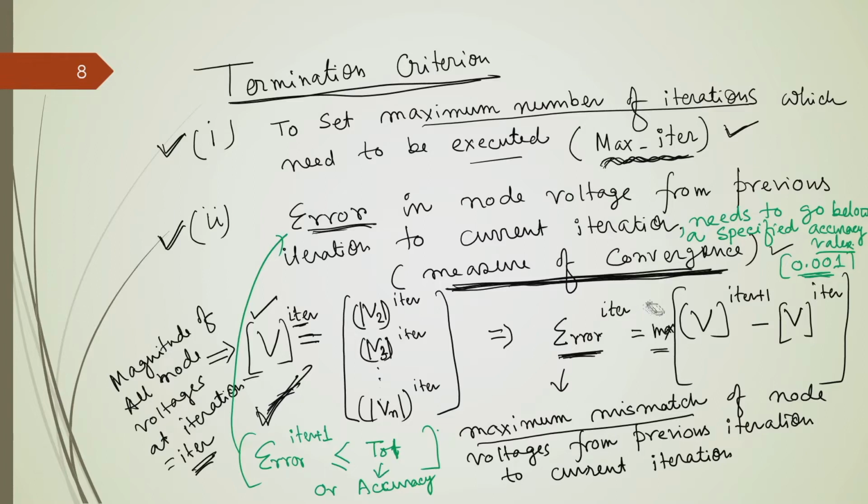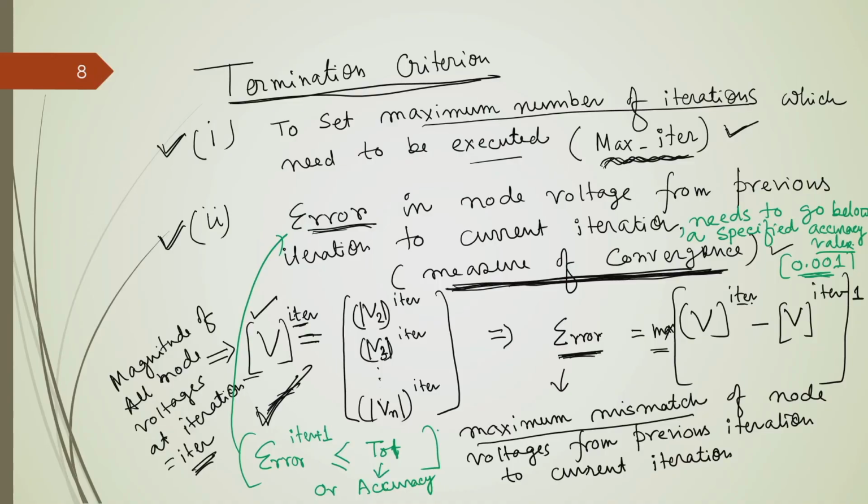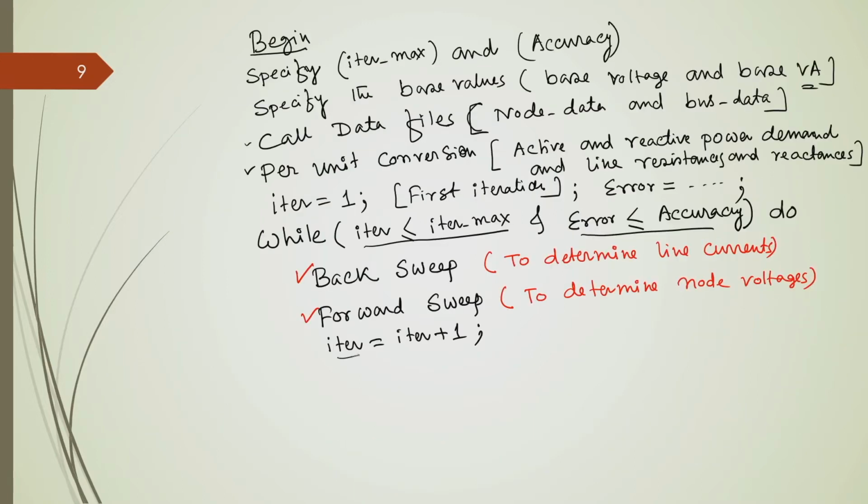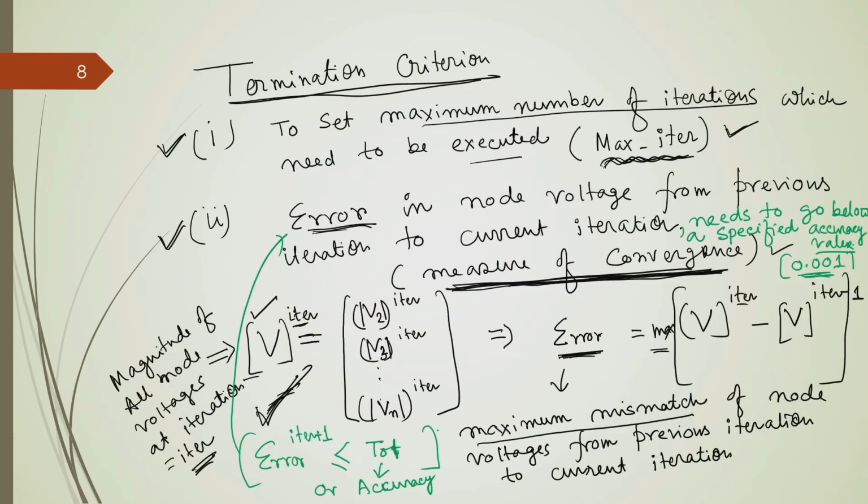In fact, you can do one thing: instead of ITR plus 1 and ITR, we can also specify it like ITR minus 1, because we have already added the iteration count by 1. So, after executing this operation, our iteration count will be 2.